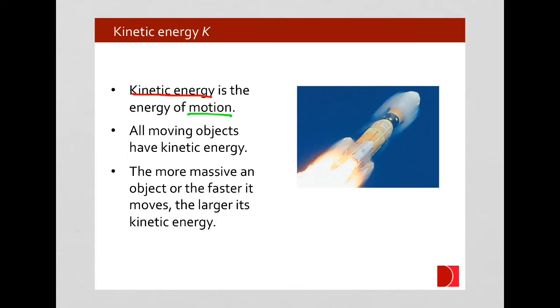All moving objects carry kinetic energy. Kinetic energy depends on the size of the object, the mass of the object, and its speed, and so more massive and faster objects have a greater kinetic energy.